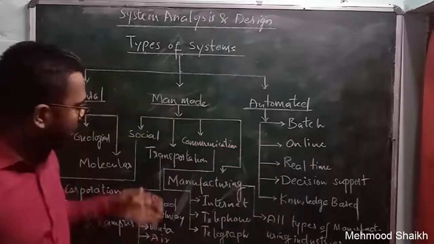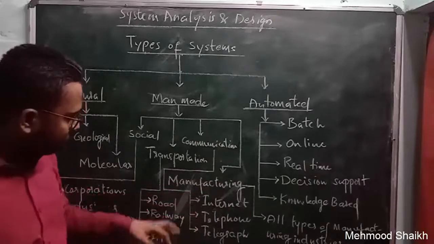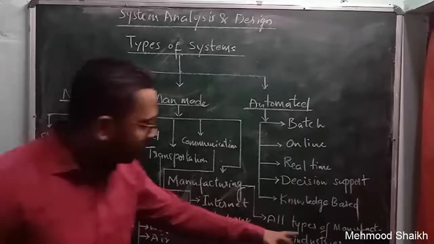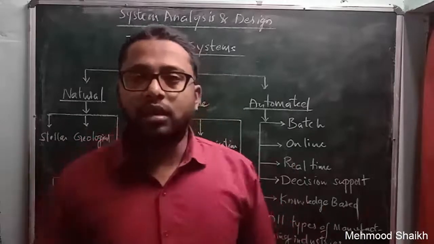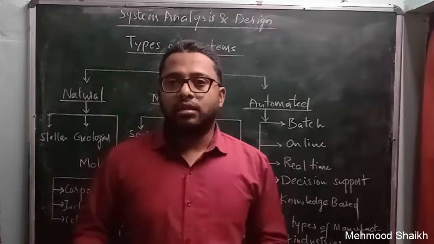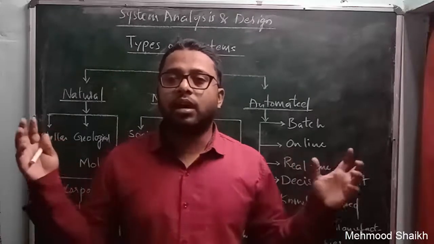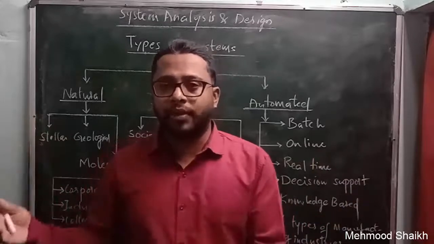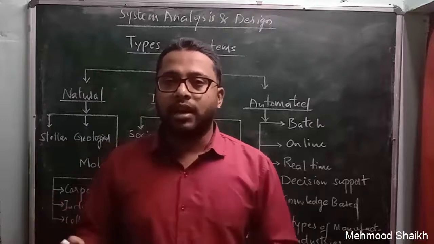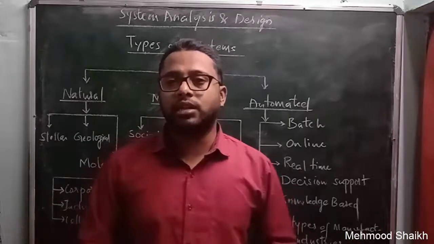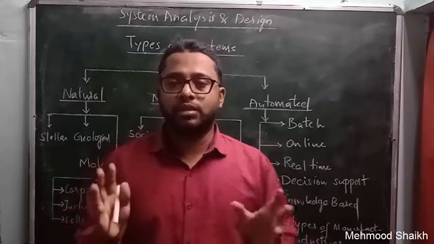And then finally we have a manufacturing system. In a manufacturing system, you can see all types of manufacturing industries, all big and large scale factories or manufacturing plants where people gather together, where different employees with different expertise, experience and knowledge come together and use their knowledge to manufacture some goods.